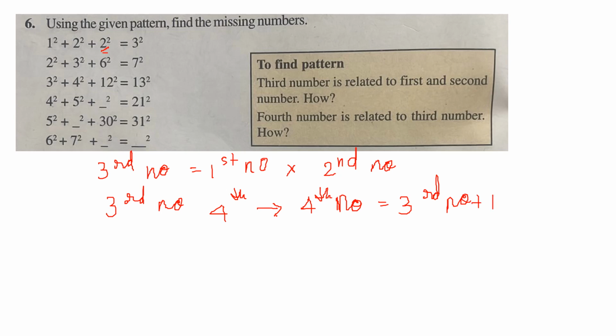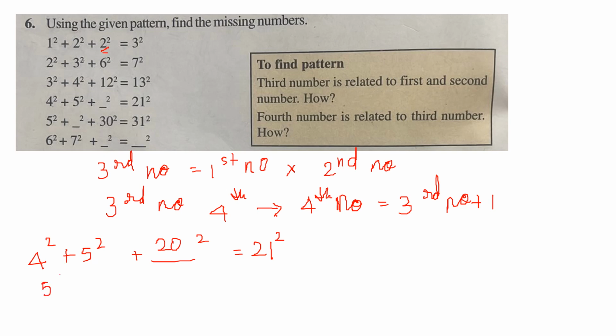Okay, so here you have to find 4 square plus 5 square plus dash square equal to 21 square. Just looking at 21 square, you can simply write 20 square. Let's check it the other way also. 4 into 5 is also 20. So our answer is right.